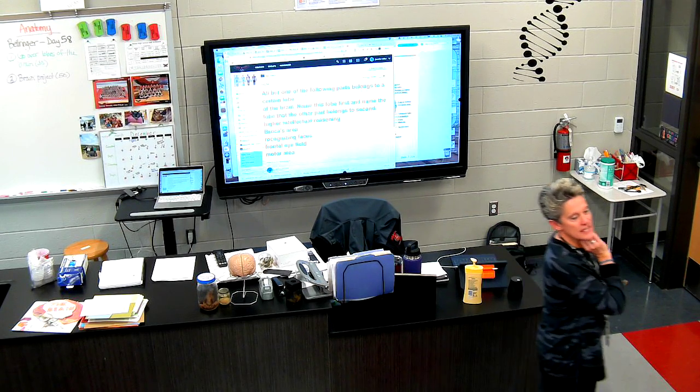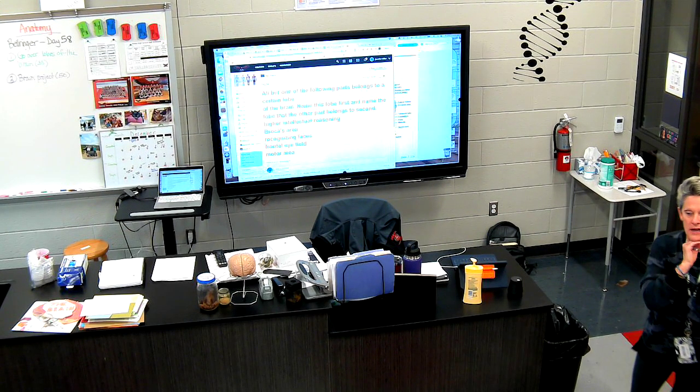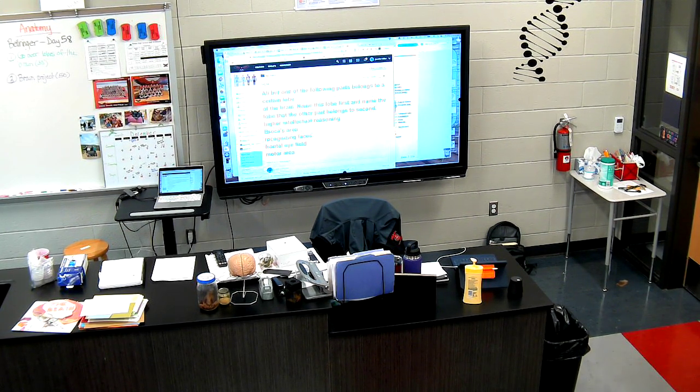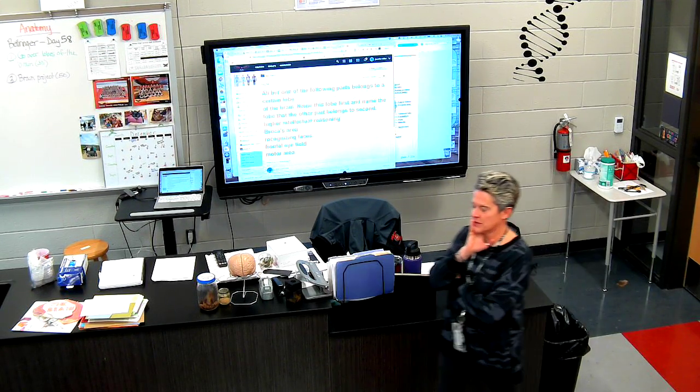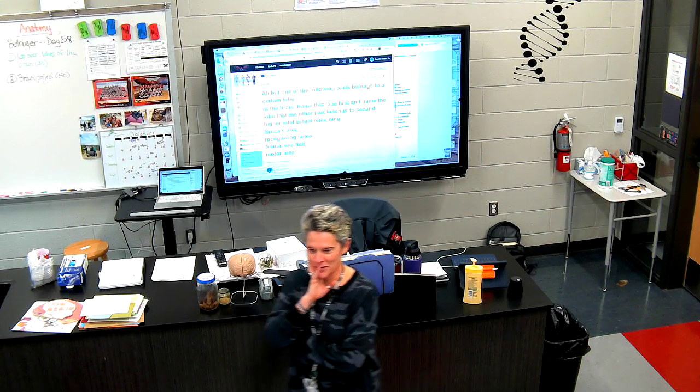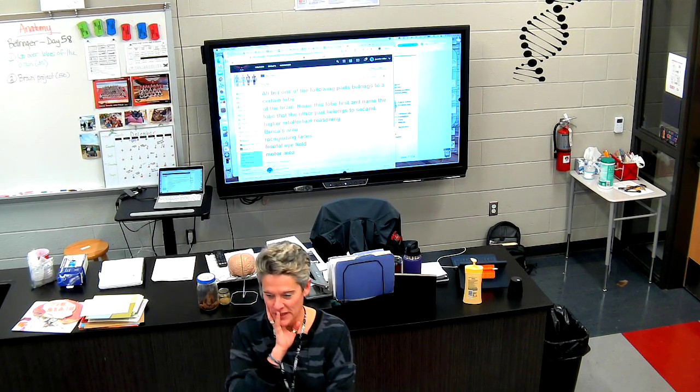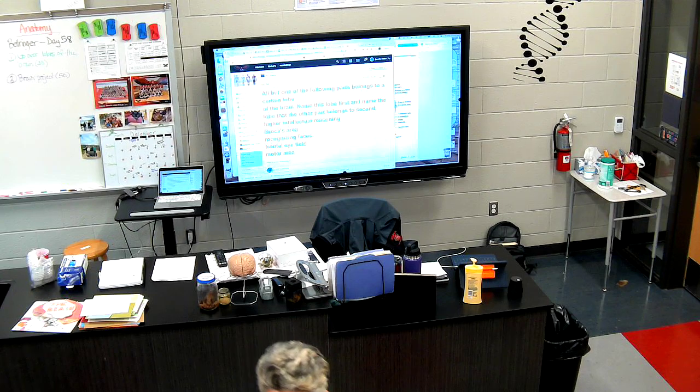Right, most of these parts up here are part of a particular lobe in the brain. So, which one are most of these in? Because we're going to go over this today. So what lobe are most of these in, Connor? Frontal lobe, correct. But there's one up there that's not in the frontal lobe.